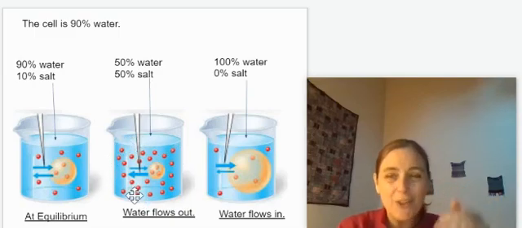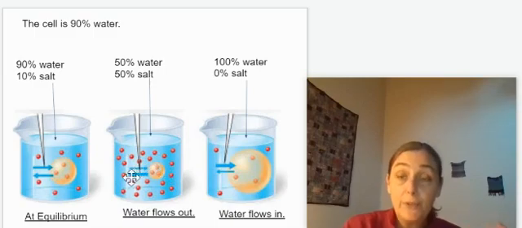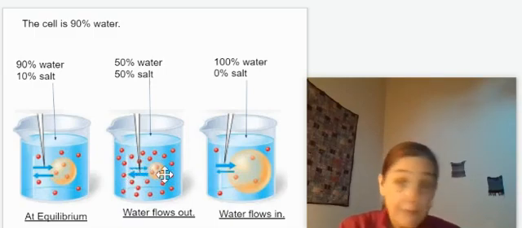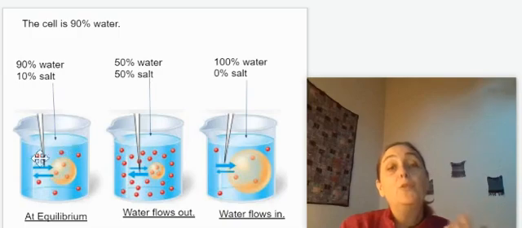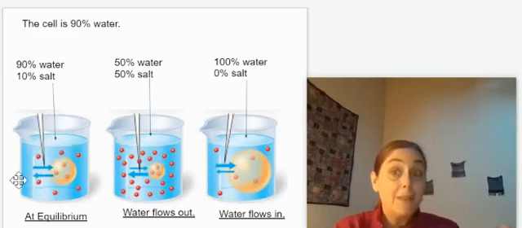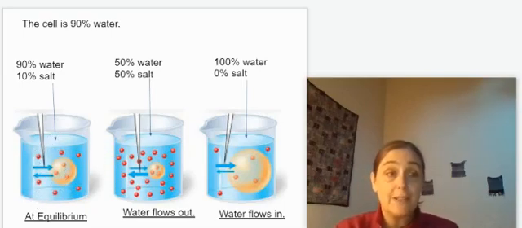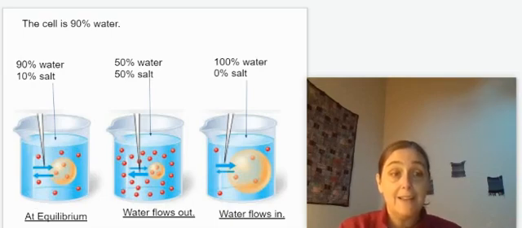That's right, by adding salt to the water in the beaker, you are dropping the concentration of water, and you can make it lower than the cell, and the water will diffuse out, and the cell will shrivel up. If you want to keep cells alive in solution, you need to make sure to make the right concentration of salts so that the concentration of water is equal to what is in the cell. And that is osmosis.